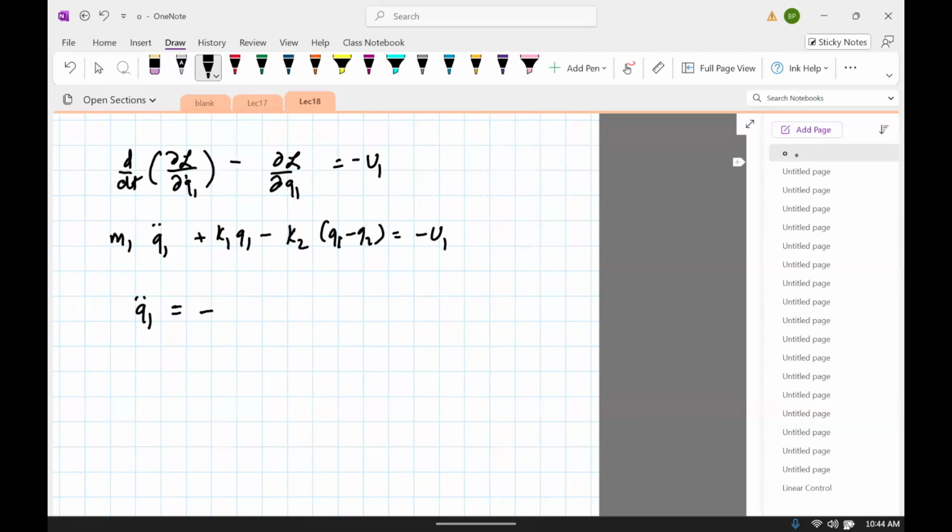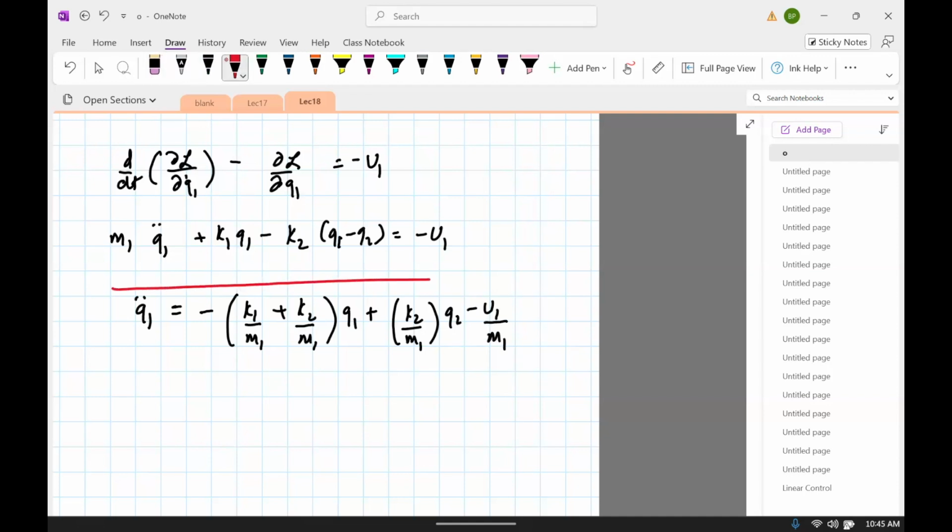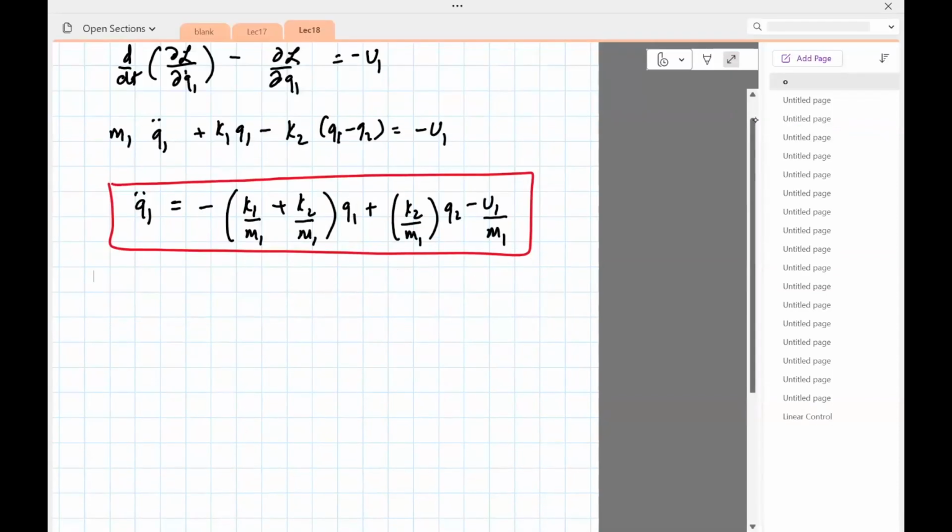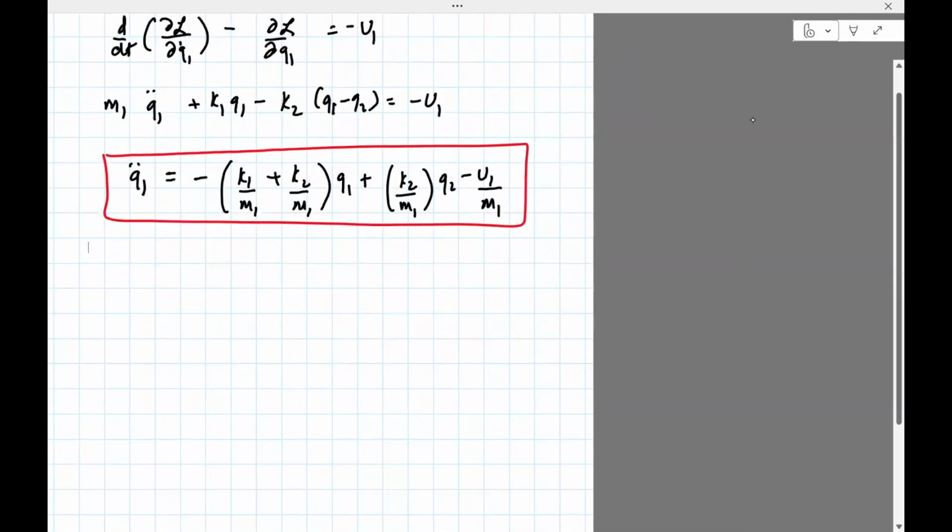So what I get is minus k1 divided by m1 plus k2 divided by m1, times q1, plus k2 divided by m1 times q2, minus u1 divided by m1. So this is my first equation of motion. Very, very straightforward. You could do this using Newton's method. That's what you might have learned in a dynamics course.